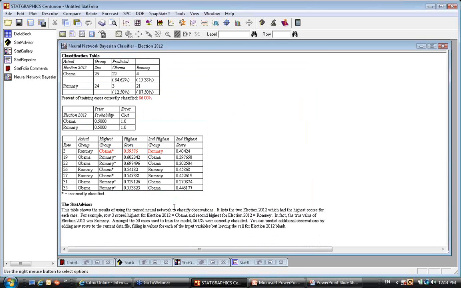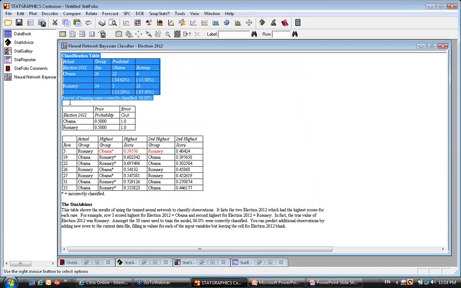Now if I press OK, you'll see that it actually does much better. It now gets 86% of the states right, rather than, what was it, 78%. It still missed 7, but that's much better performance than on all 12 variables.